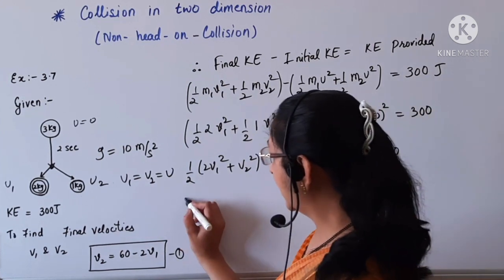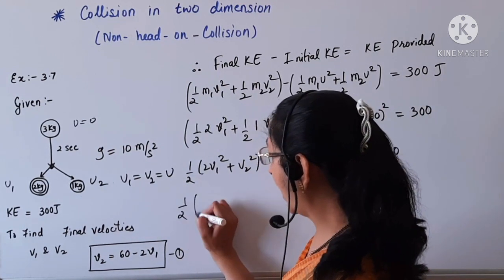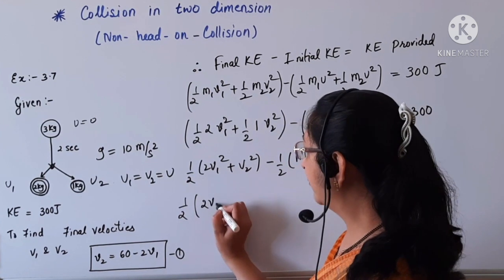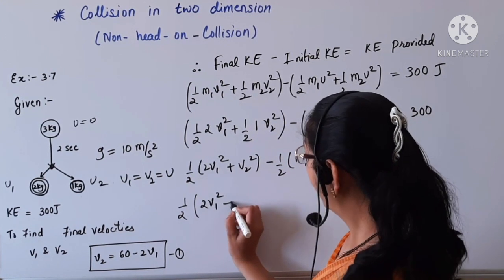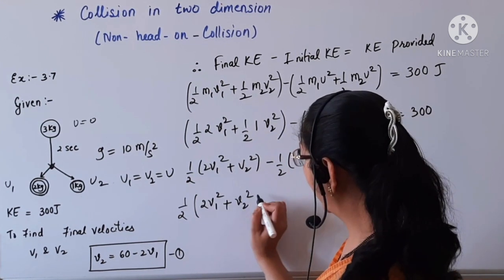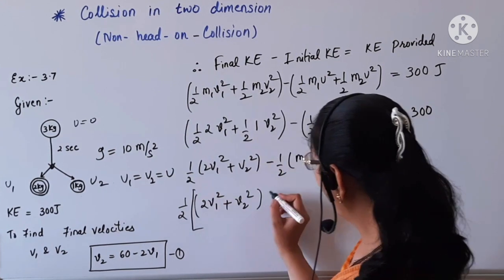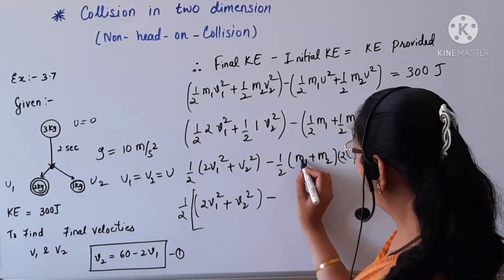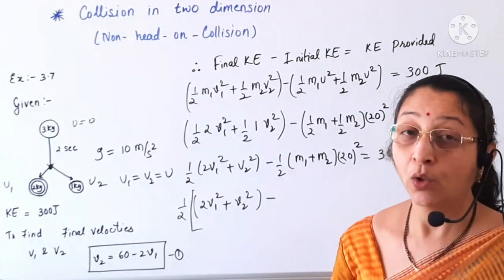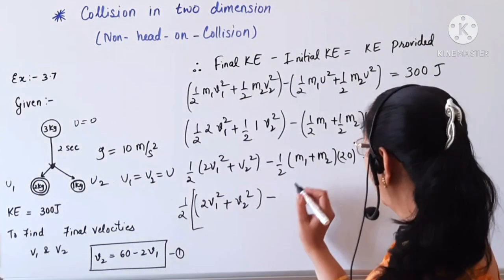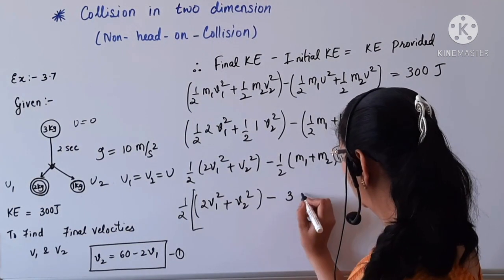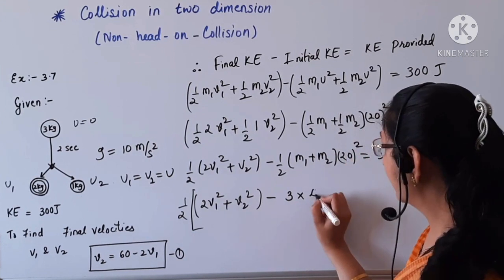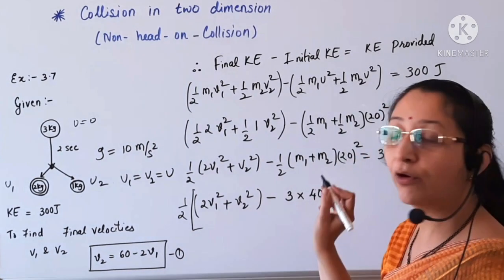Now, taking half outside, 2v1 square plus v2 square minus, now m1 plus m2 is 3 kg. So, we write here 3 into 20 square, 20 square is 400.